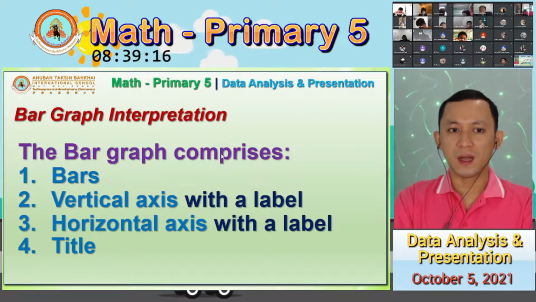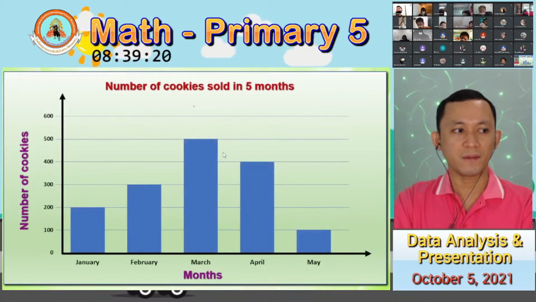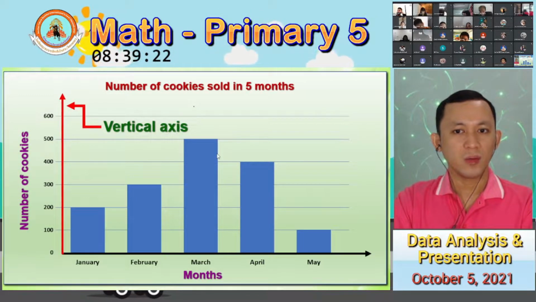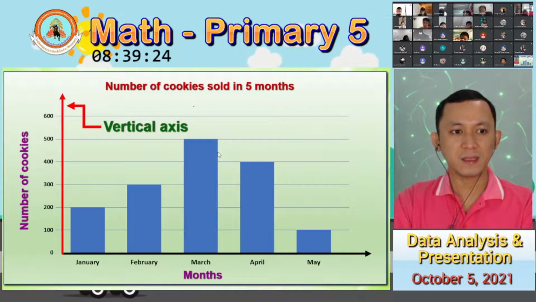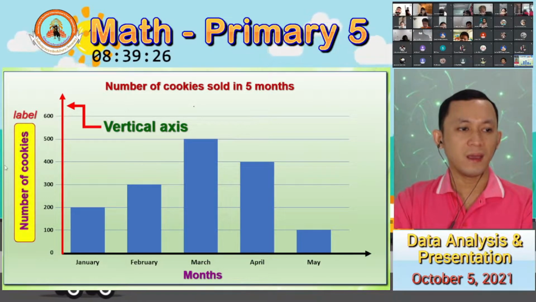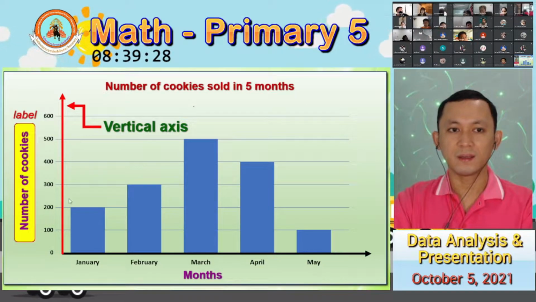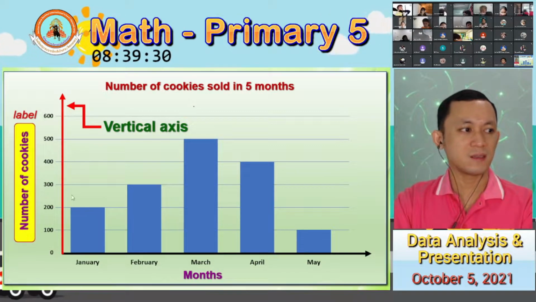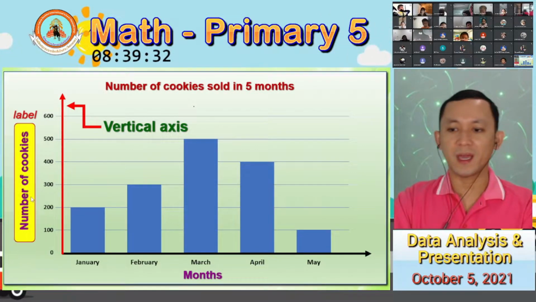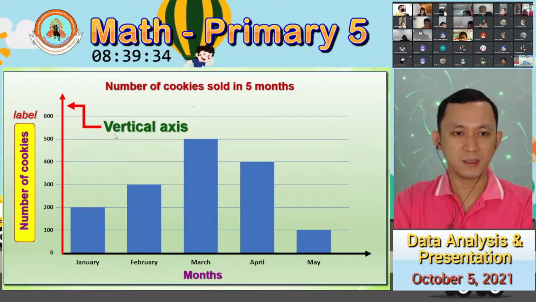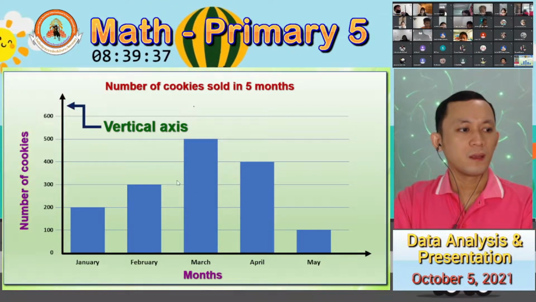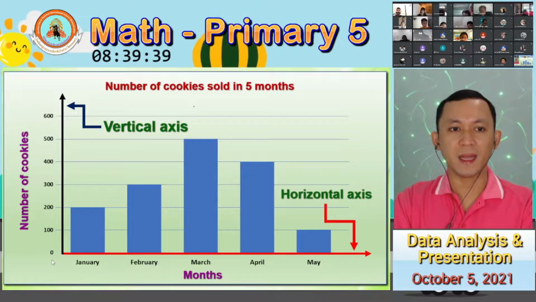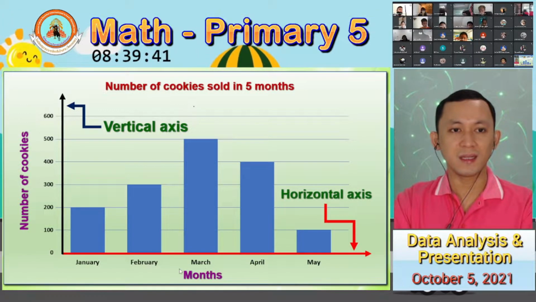Now, these are what comprises a bar graph. We have the vertical axis, and this is the label of the vertical axis. In this example, we have number of cookies. Next, we have the horizontal axis and the label.